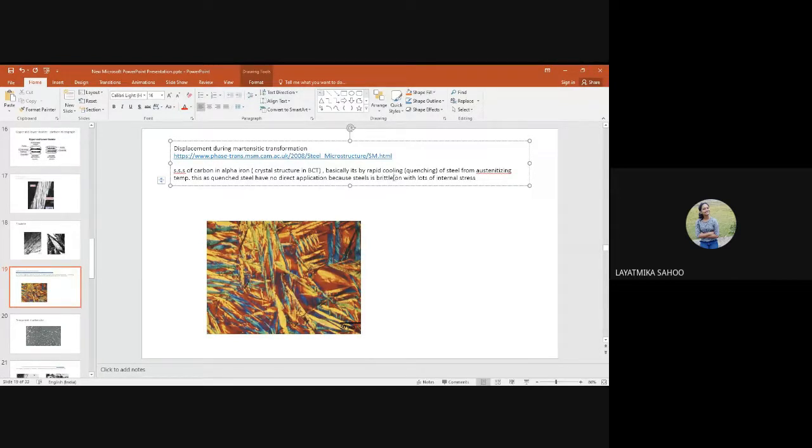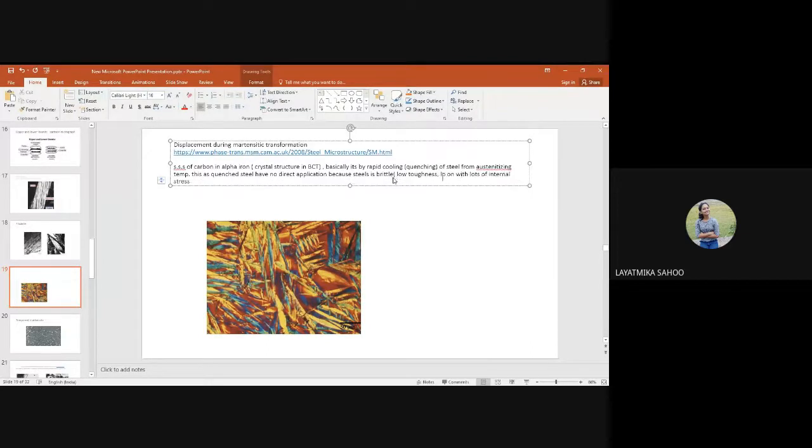Brittle means low toughness, low ductility. Now you got the point? This steel has high strength, but the problem is that the toughness is very low.